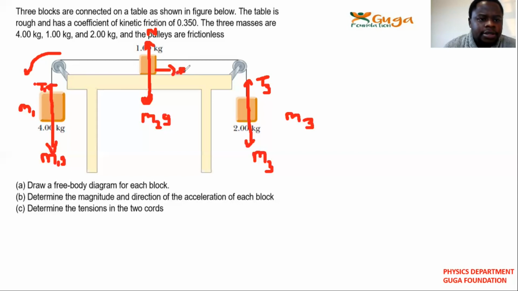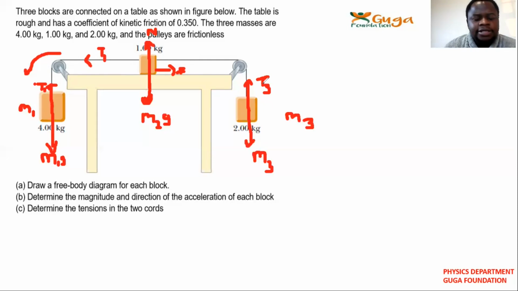Right? So the force here and here, because this is a pulley, this one will be T1. Here they've got a pulley, this force and this force, they're equal.